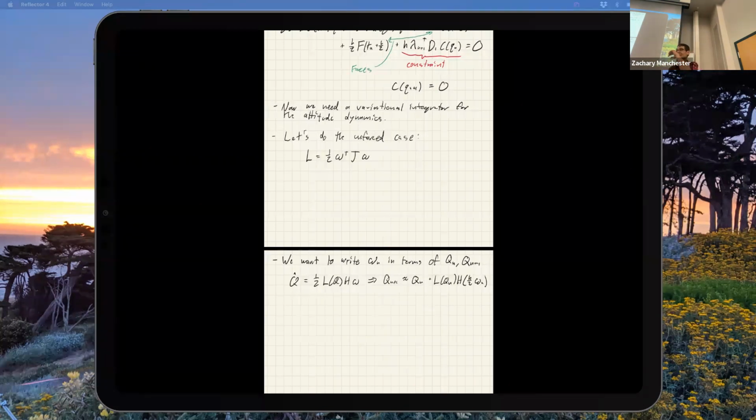Everyone cool with that? So I literally just did QK plus little h times this thing. And if I massage this around, I can write this as QK times an identity quaternion plus this hat thing.